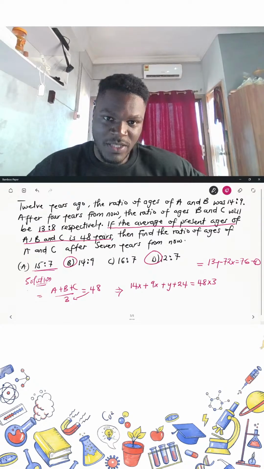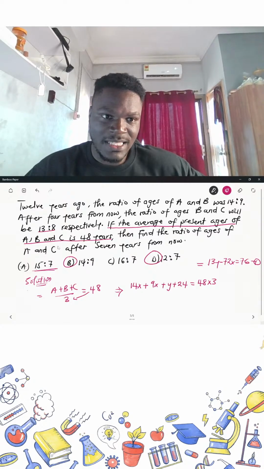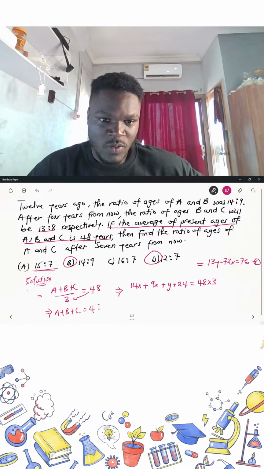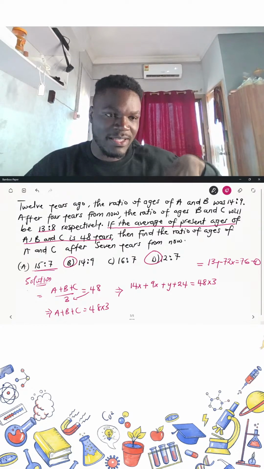Because this is from the expression: if the average of the present ages of A, B, and C is 48 years, we have A plus B plus C over 3 is equal to 48. So this means that our A plus B plus C will be equal to 48 multiplied by 3. Remember that the C is the current age.